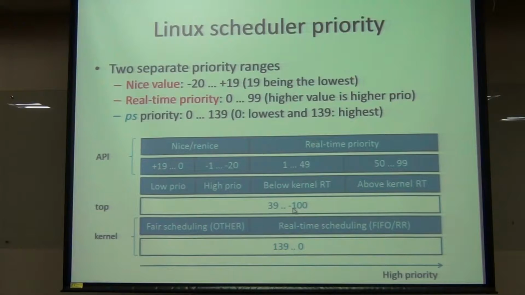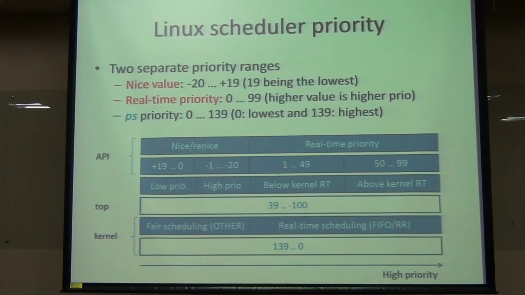So the highest real-time priority is shown as minus 100 on top, but internally, also confusing, 139 is the lowest priority, and then 0 is the highest priority internally.